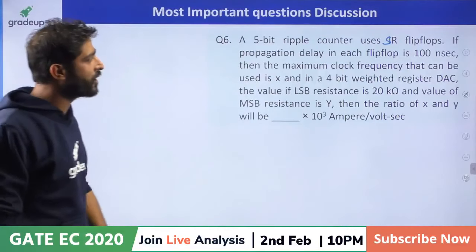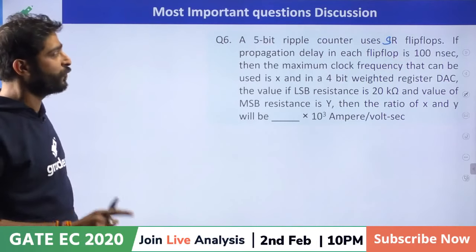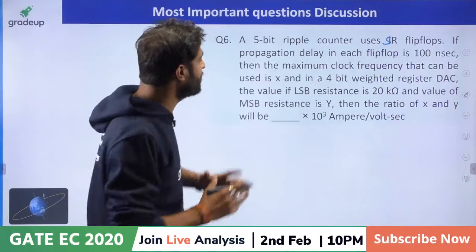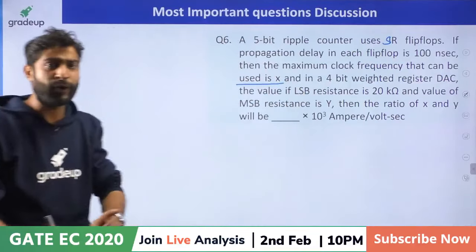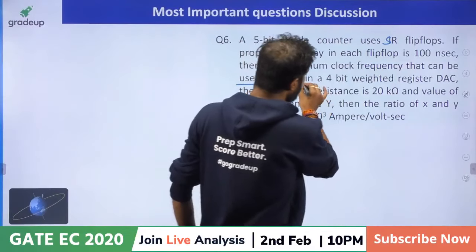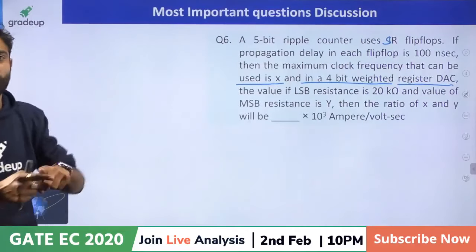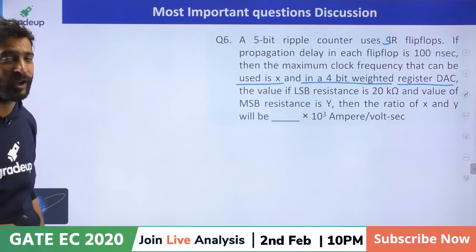So the 5-bit ripple counter uses SR flip-flops. If the propagation delay in each flip-flop is 100 nanoseconds, then the maximum clock frequency that can be used is X. Now, a 4-bit weighted resistor DAC, it is connected with the counter as well as the DAC, digital to analog converter.